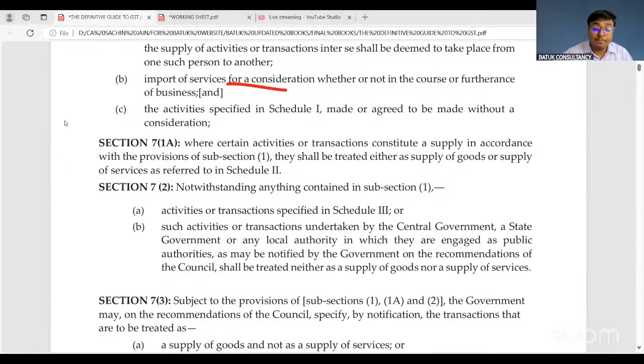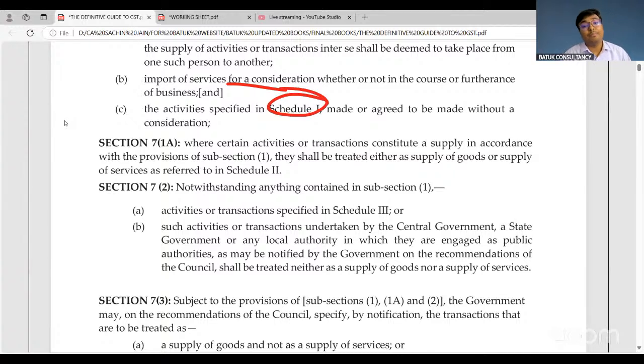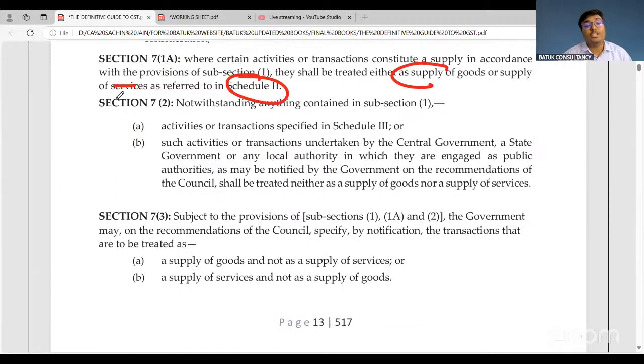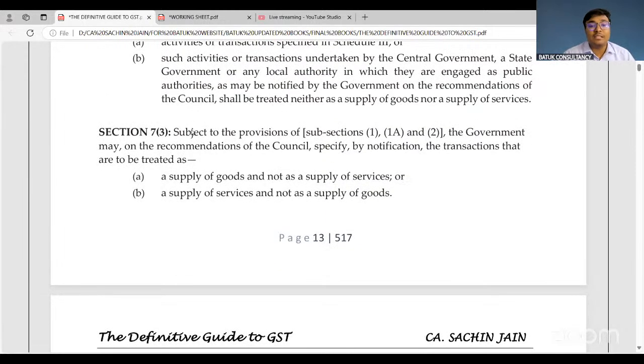The activities specified in schedule number 1, made or agreed to be made without a consideration, and we will decide whether this is supply of goods or supply of services through schedule number 2. And schedule number 3 specifies what is neither supply of goods nor supply of services.